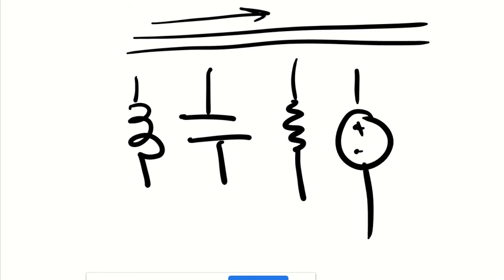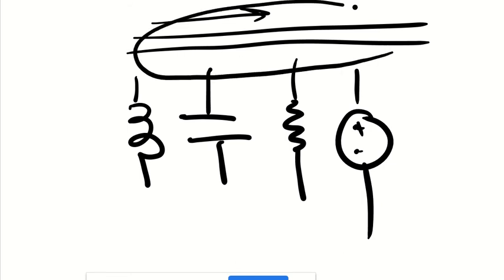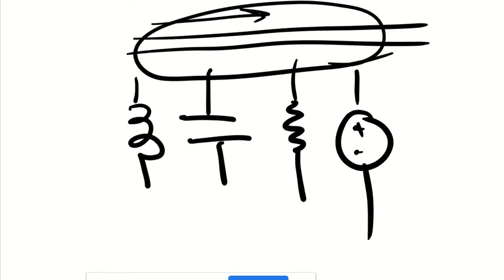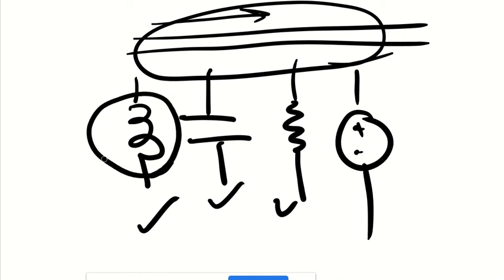So in reality, a wire can be modeled as a combination of different passive components that you have learned before. Depending on the frequency of the signal that goes through, you know from circuit analysis that the inductor acts differently to DC and AC, and depending on the frequency.